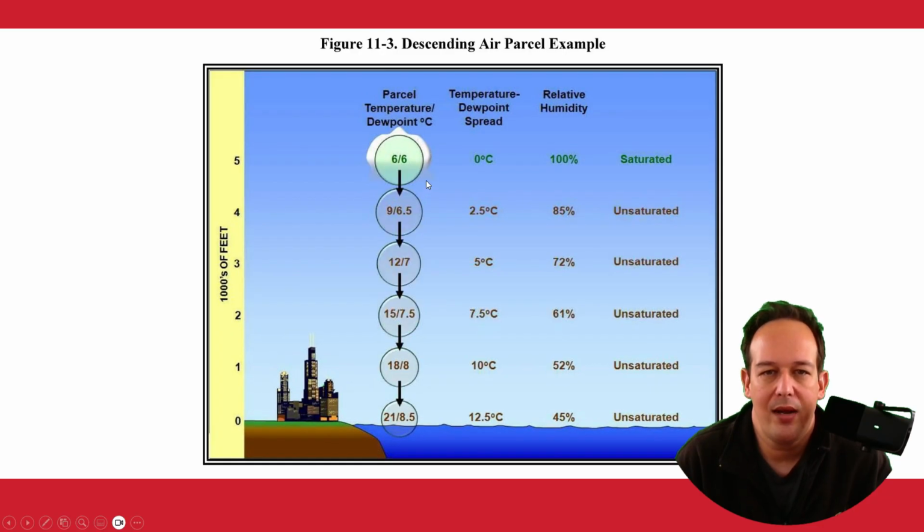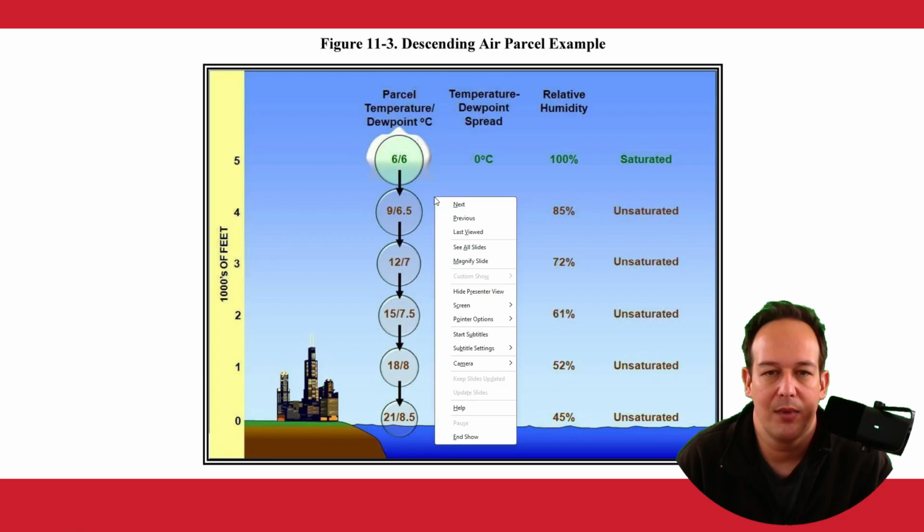Now, we had that air parcel that went all the way up. It was 100% saturated. Now that air parcel may want to descend. Because it's 100% relative humidity in the cloud form, when it descends, remember, it'll start changing at the dry adiabatic lapse rate. And let me get you my laser pointer here.